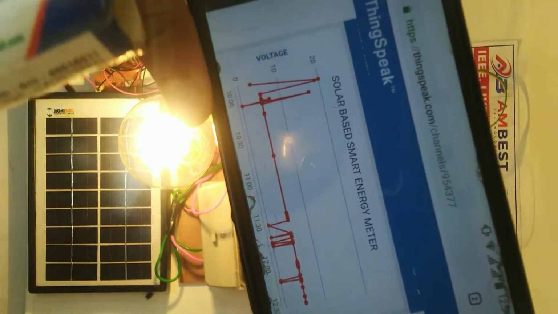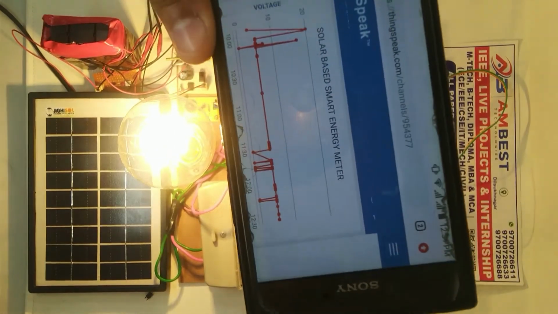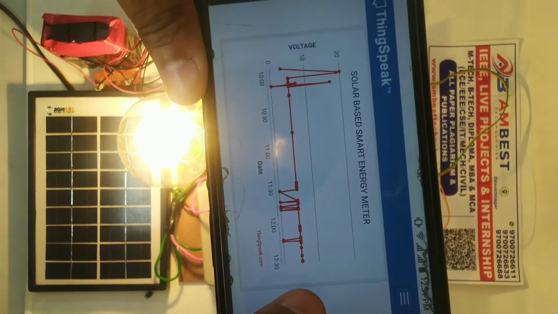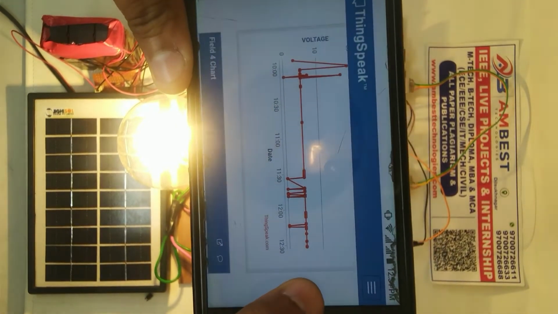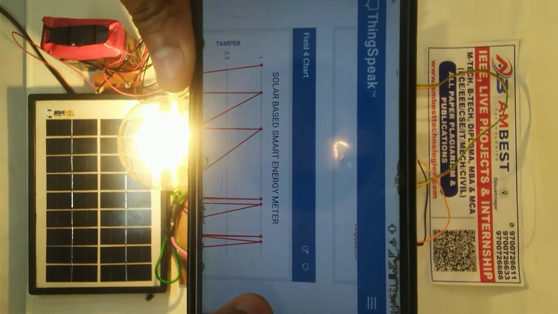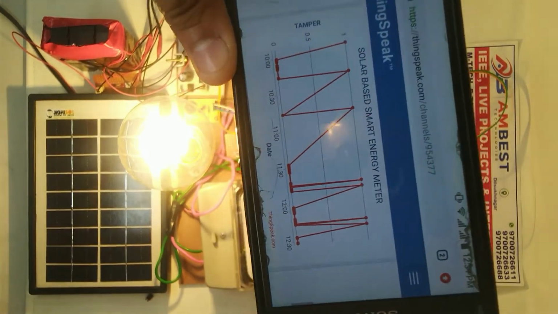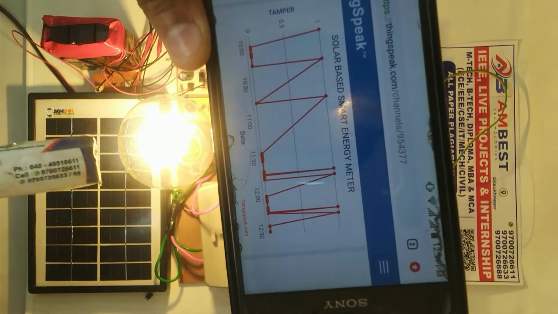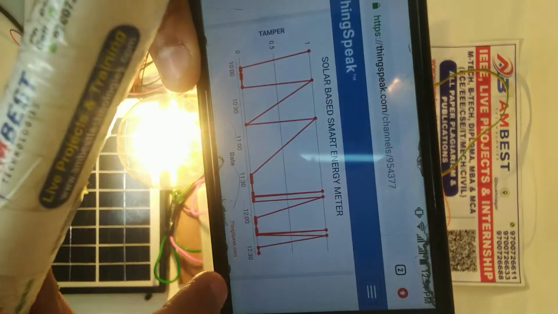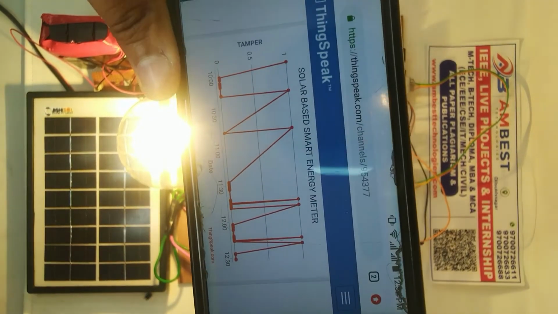Whenever the voltage from the battery gets low, it is going to show that the voltage has dropped, indicating to charge up the battery. The fourth one is the tampering switch chart. Whenever there is tampering of the energy meter, this value will go high, and it indicates that tampering has taken place.